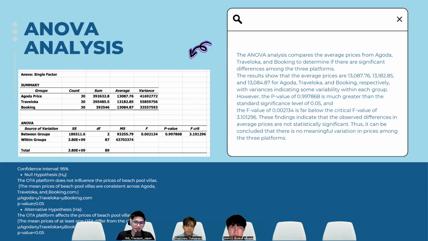These findings indicate that the observed differences in average prices are not statistically significant. Thus, it can be concluded that there is no meaningful variation in prices among the three platforms.